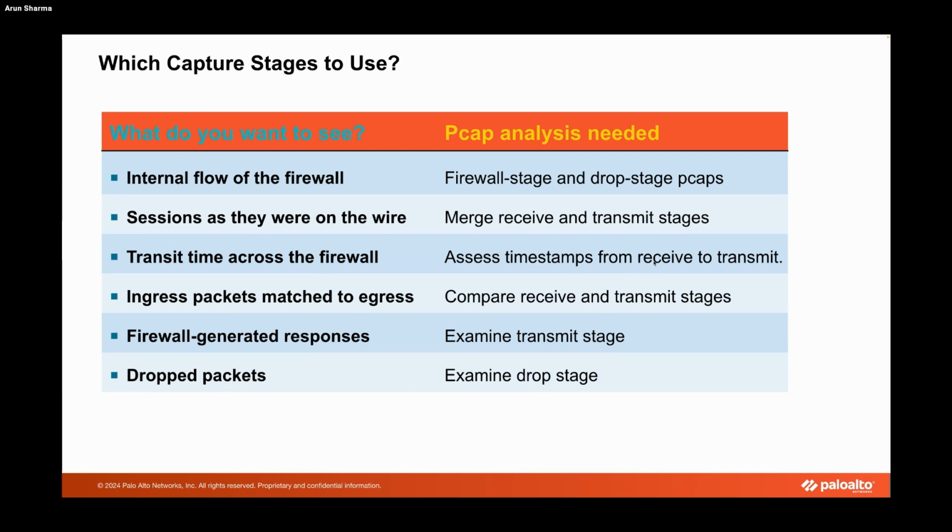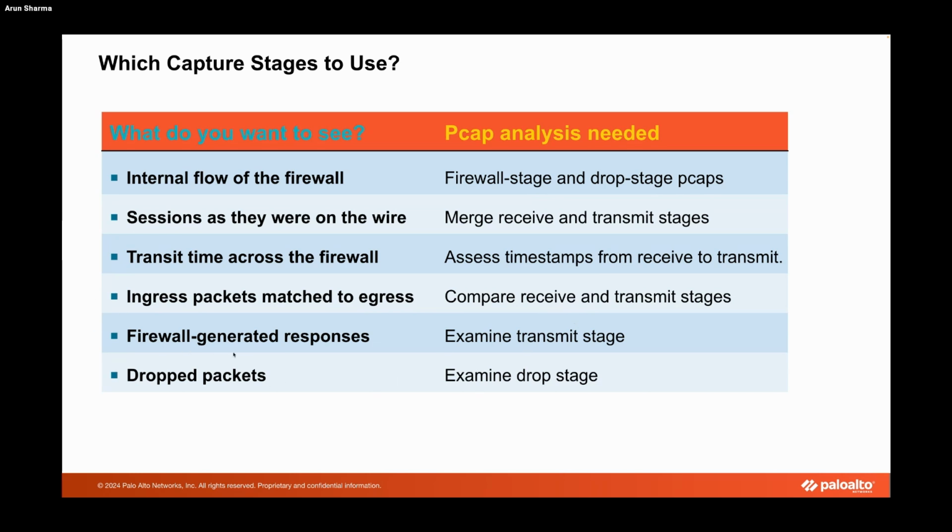So in that time, what exactly happens? It is very useful to troubleshoot the latency related cases where the firewall actually adds the overhead and there could be a delay for a few seconds. So you can compare the timestamp when we received it and when exactly we transmitted it. So we can always match ingress packets with the egress, compare receive and transmit stages.